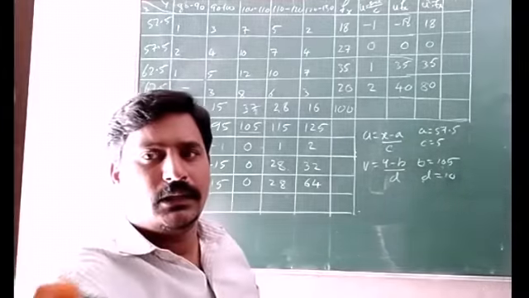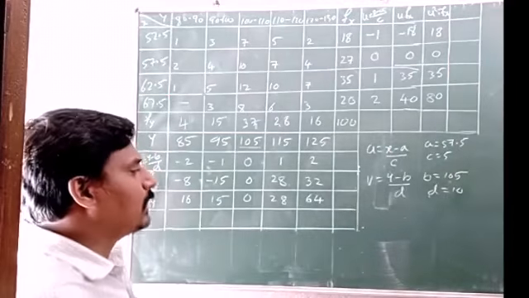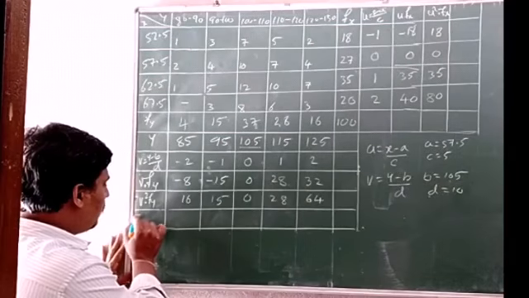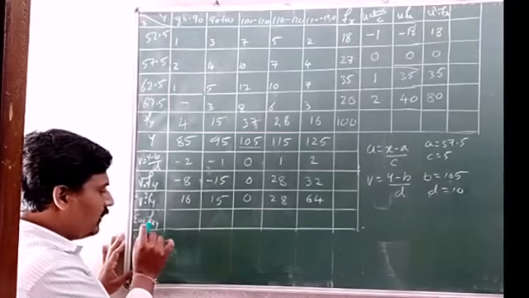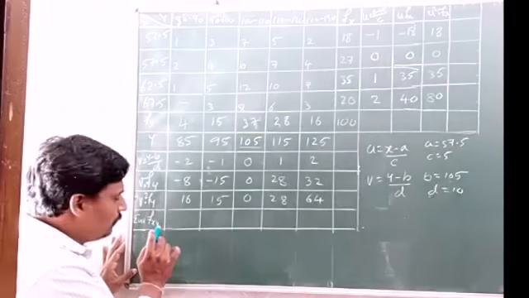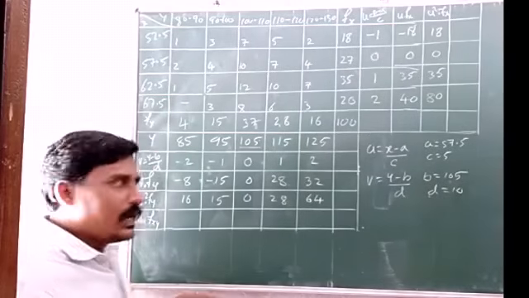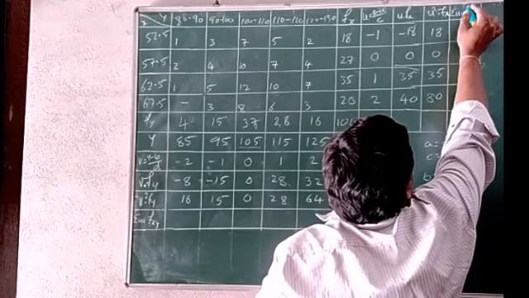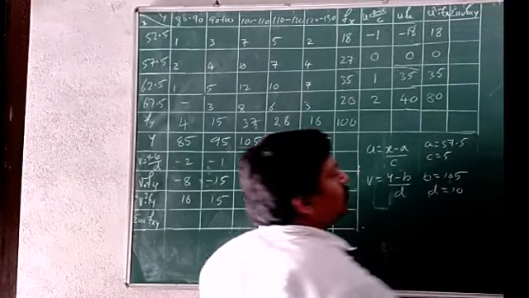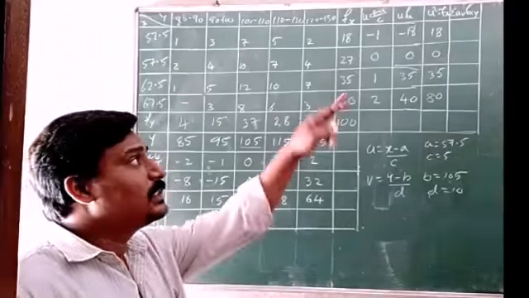So next column we need to calculate is summation UV FXY. That is frequency of both X and Y. We are multiplying that with U and V. And here also same column, that is summation of UV FXY. So where are these columns?